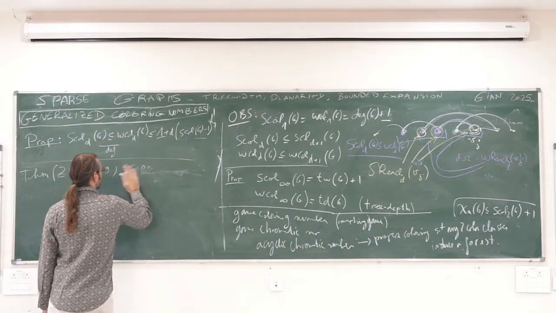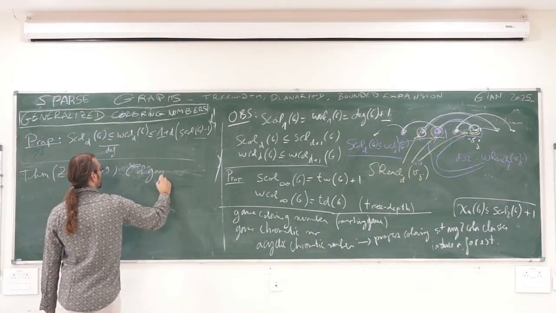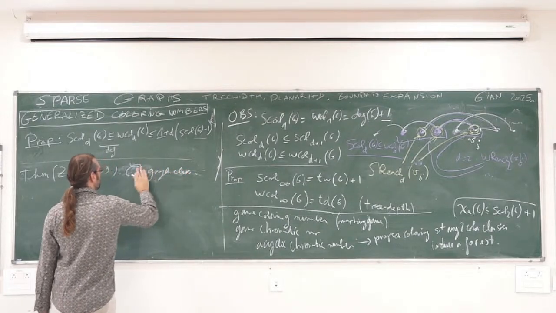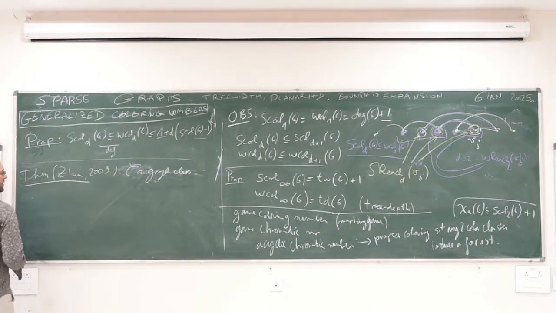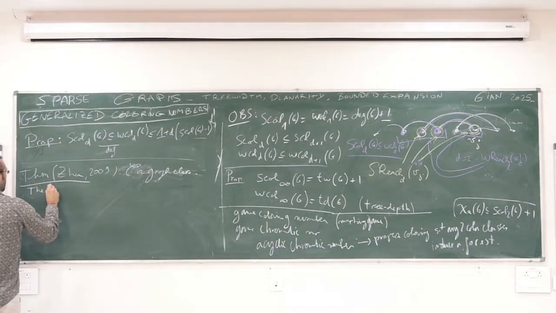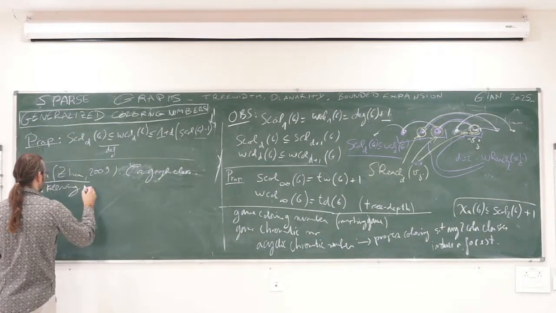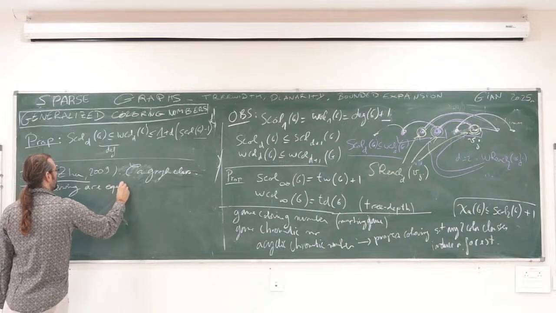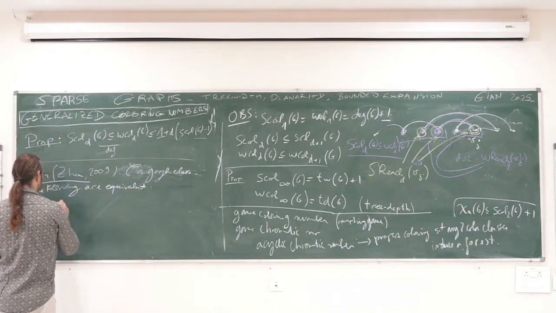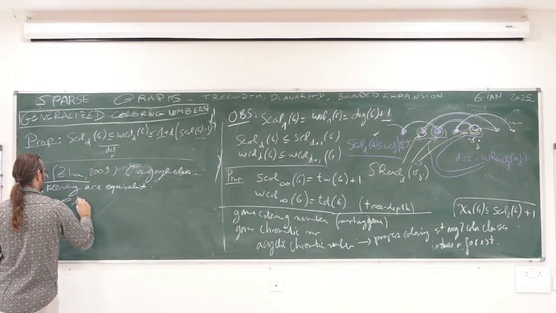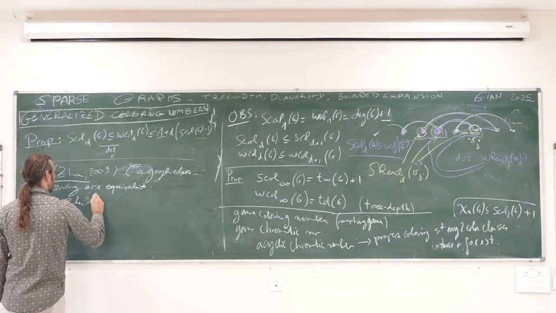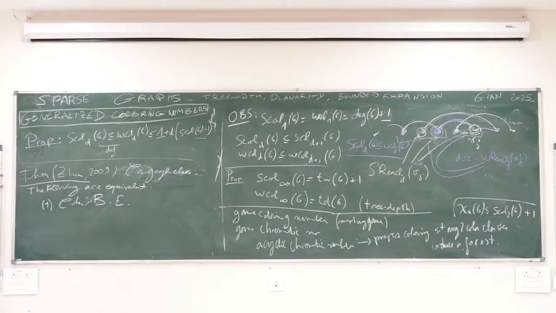Let's see the graph first. Your weak coloring numbers are bounded, and your strong coloring numbers are bounded.